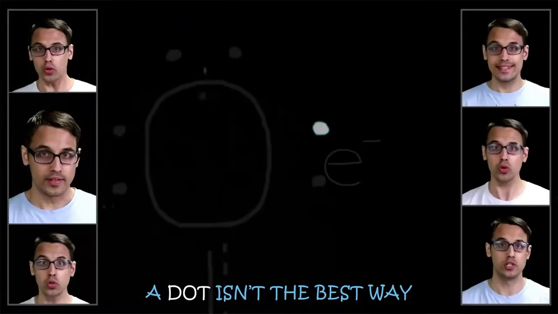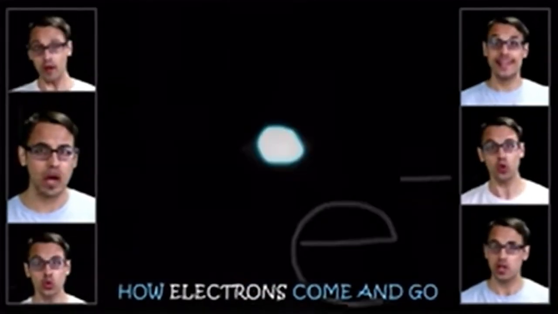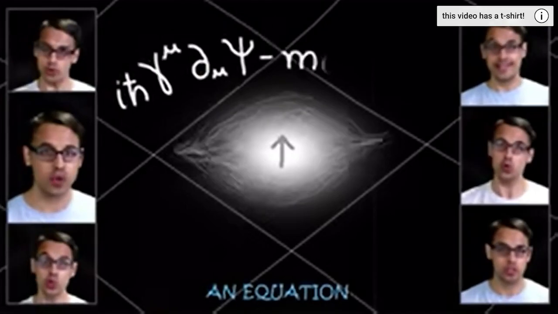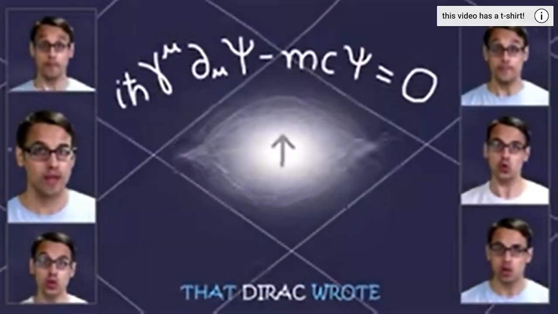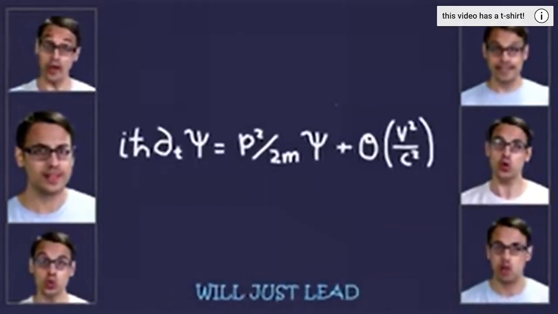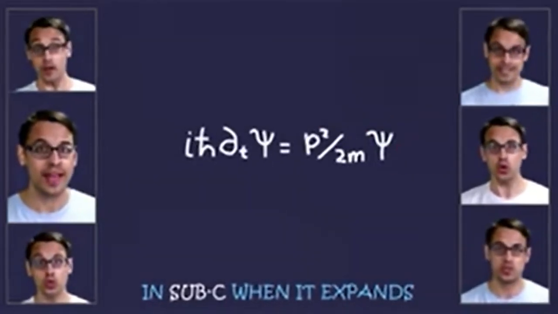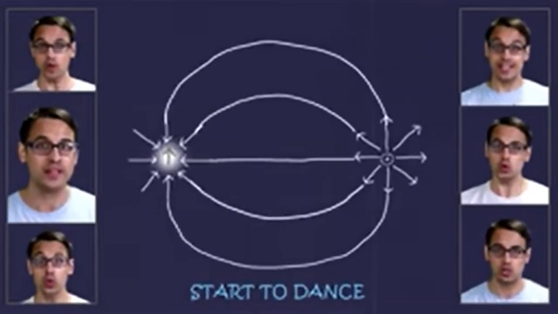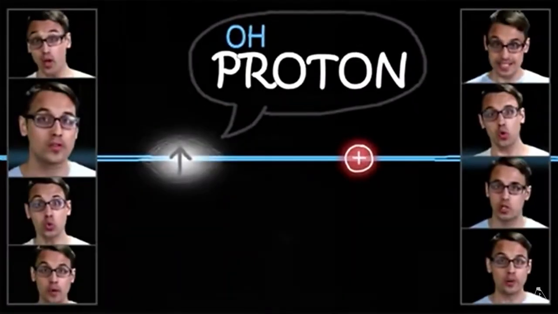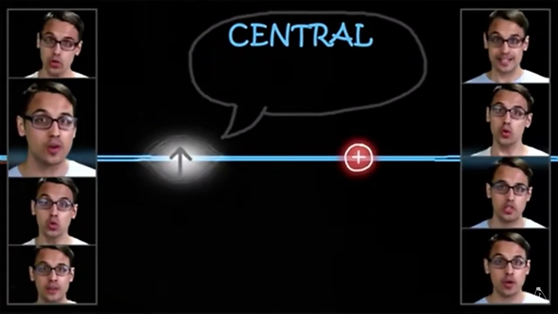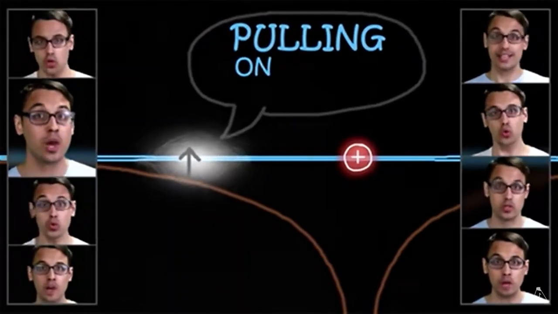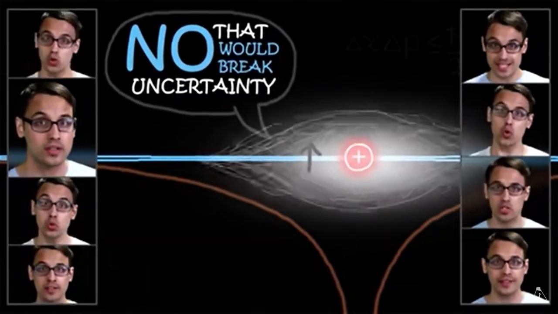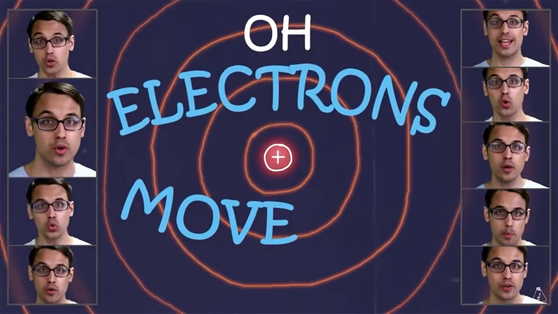A dot isn't the best way to try to sum up how electrons come and go. There's things of a matter field that follows an equation the direct road. Schrödinger part of the whole equation, which I'll see in some see when it expands. Now they move from editing with the proton to watch them start to dance. Hydrogen is like, oh proton, I feel your tug. Central potential, dipped out, pulling on me. But I'm not pulling deep. No, that would make uncertainty say, oh, electrons go too much.